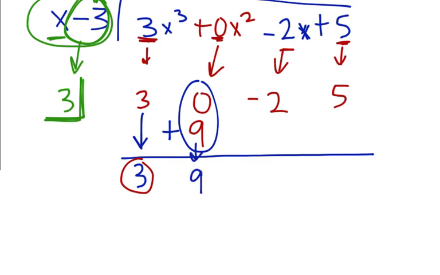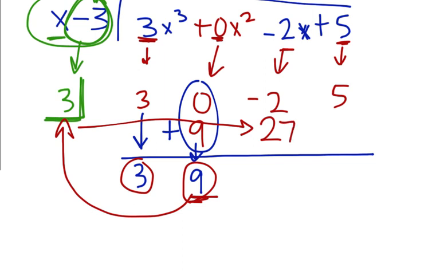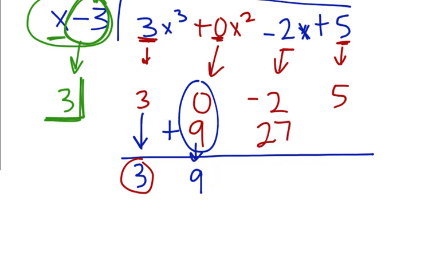Now your next step is to take the 9 and multiply it by the 3 over here. 9 times 3 should give you 27. The 27 goes right here. Now again, we do the next step, which is to add these numbers. So we just add them. And this gives us 25.